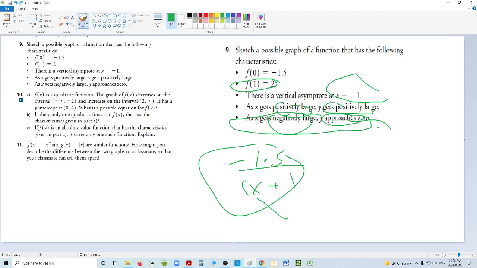And when f is 1, yeah, that doesn't work. So this is not right. So let's just keep this. But when f is 0, we get negative 0.5. But if I lower it, I'm no longer going to be approaching 0. Well, that's a tough one.